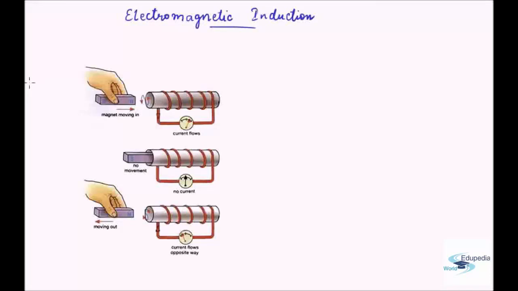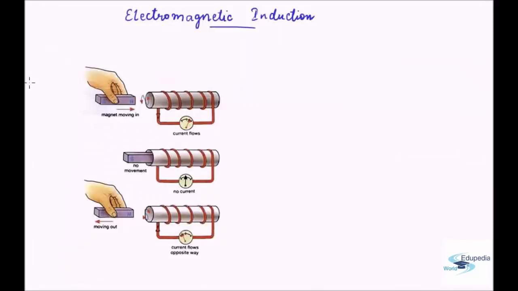With this intention, he developed an experiment, and the result showed that in fact it is possible to generate current using a magnetic field, and this phenomenon of generation of electric current by a magnetic field is known as electromagnetic induction.